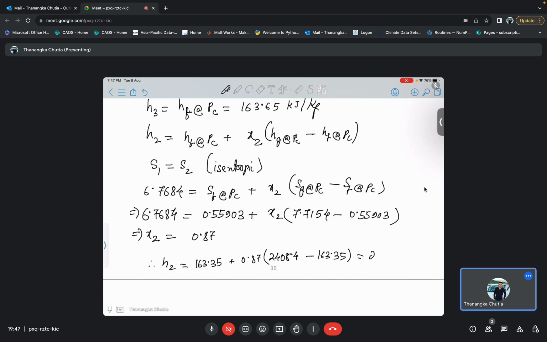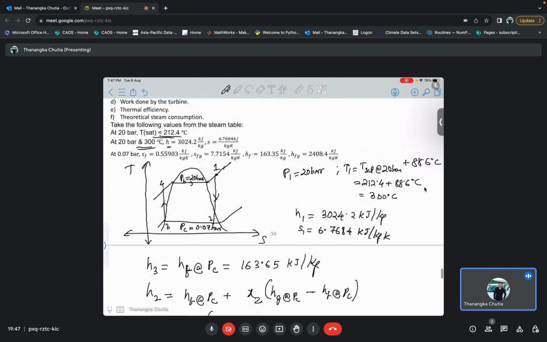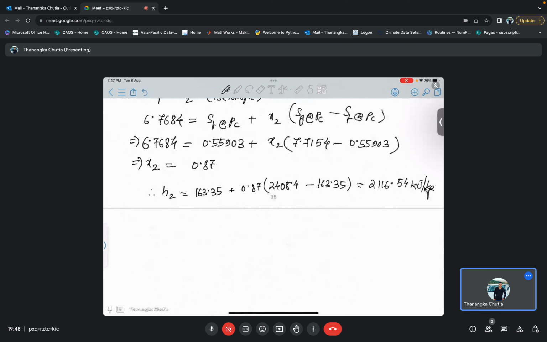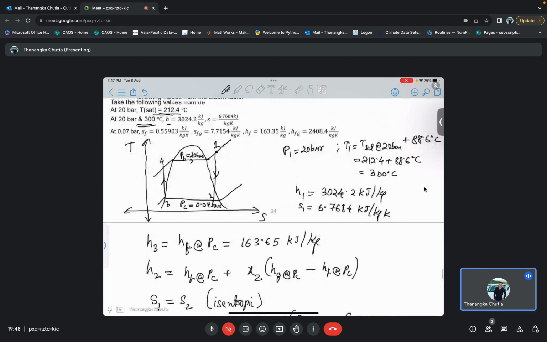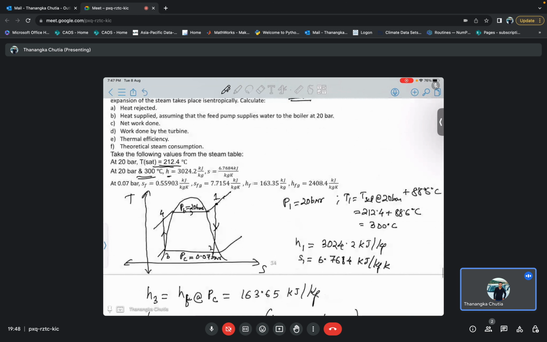This is equal to 2116.54 kilojoule per kg. So I got H1, H2, and H3. Now how can I get H4? Before that, should I get H4? That is the first question.